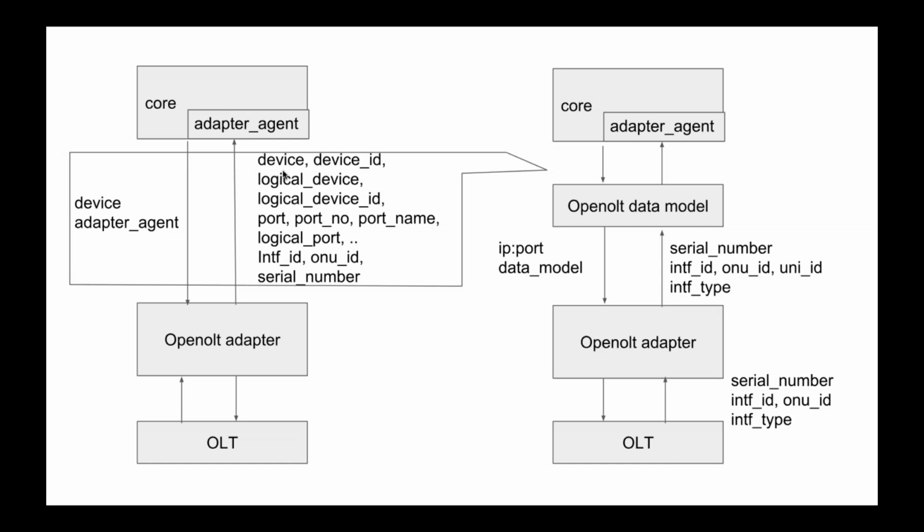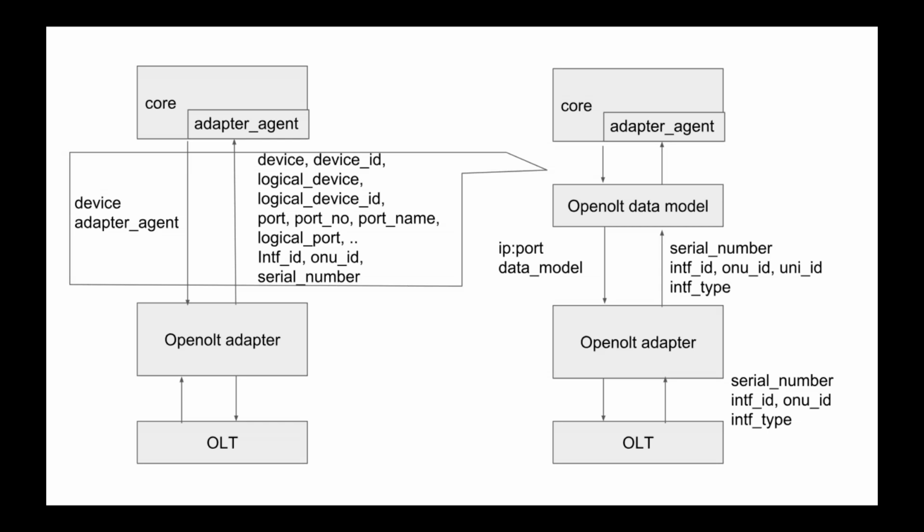And the keys, or how it addresses objects in the core, there's a lot of ways that it can do that. So it sometimes references things by the device object, sometimes with the device ID. Logical device similarly by either the logical device itself or the logical device ID.